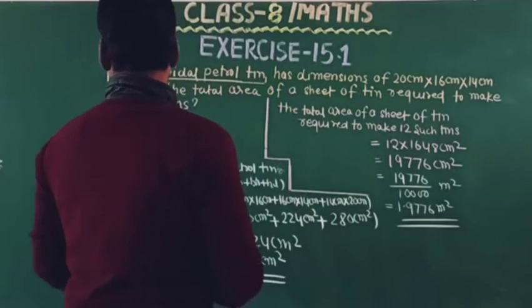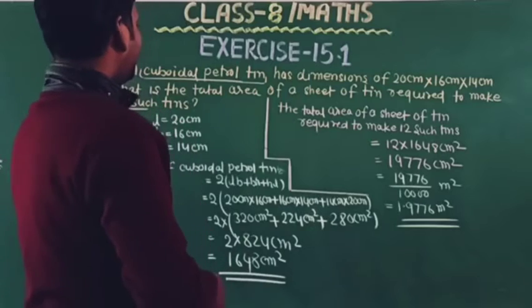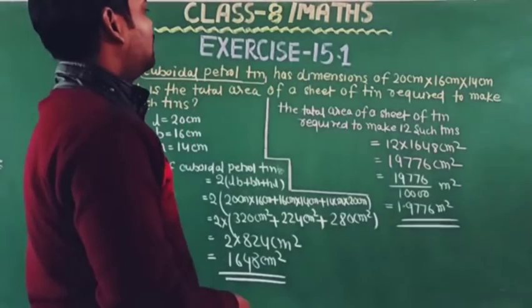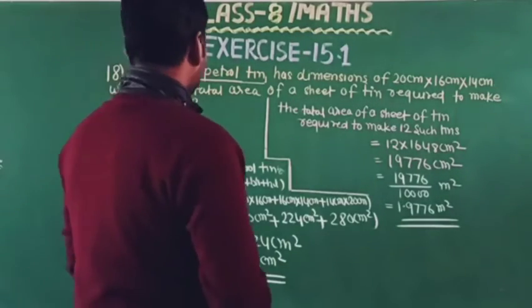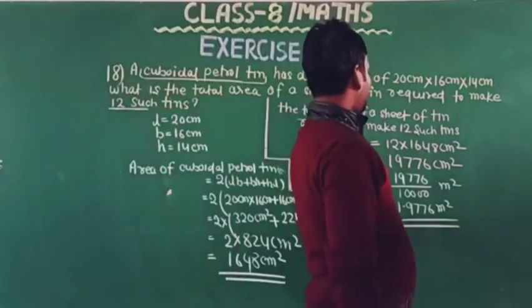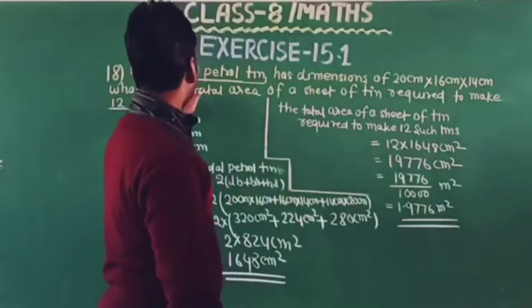This is the total area of the sheet of tin required to make 12 such tins. So children, this is the required answer of this question.